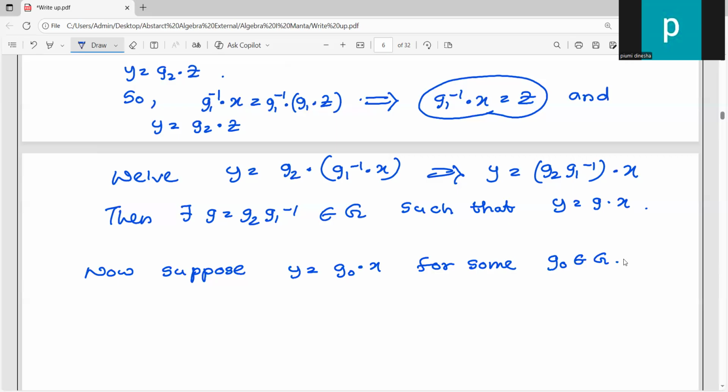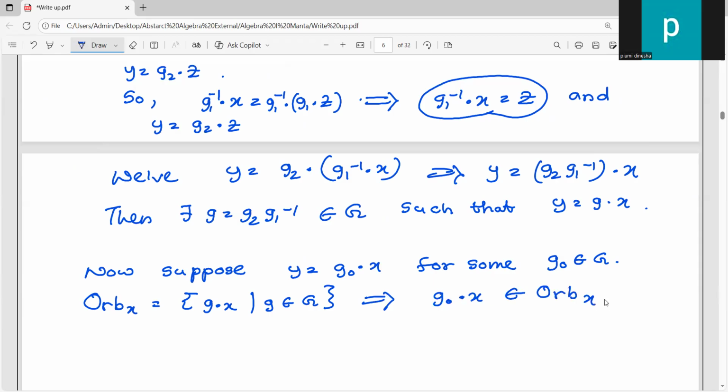Now, for some g naught in G, let's find the orbit of x. By definition, this is all elements g dot x, where g runs over the group G, or we take all elements in G and take the action on x by all these elements, right? This implies that g naught dot x is an element in the orbit of x, because the orbit of x contains g dot x for every g.